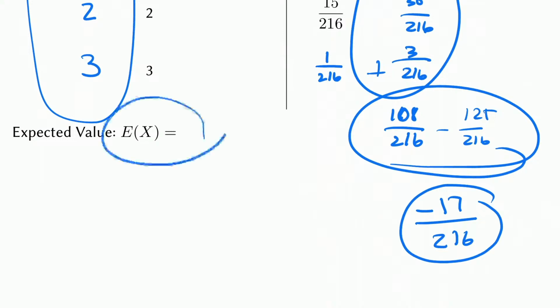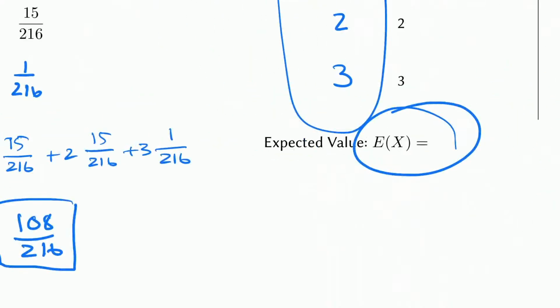Okay, so expected value. I was going to use this for my example for variance, but now I don't like it anymore. Let's use something simpler. Let's just do a regular die. We'll do a regular 6-sided die.